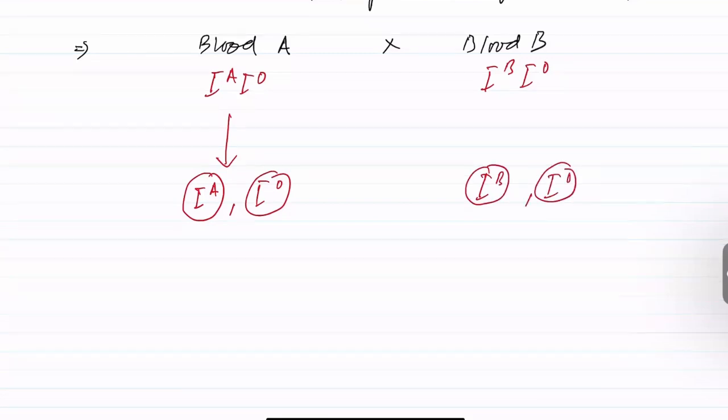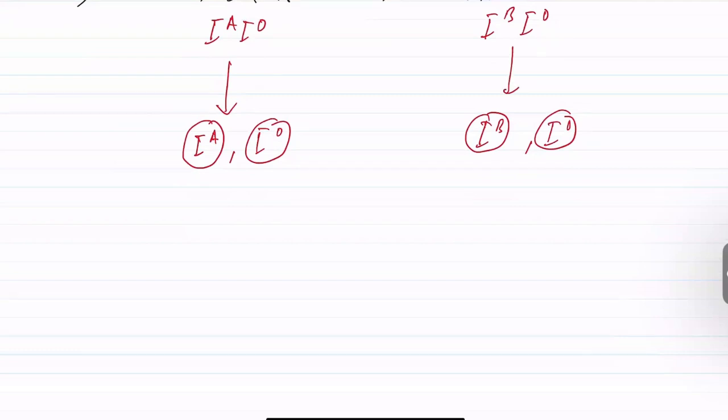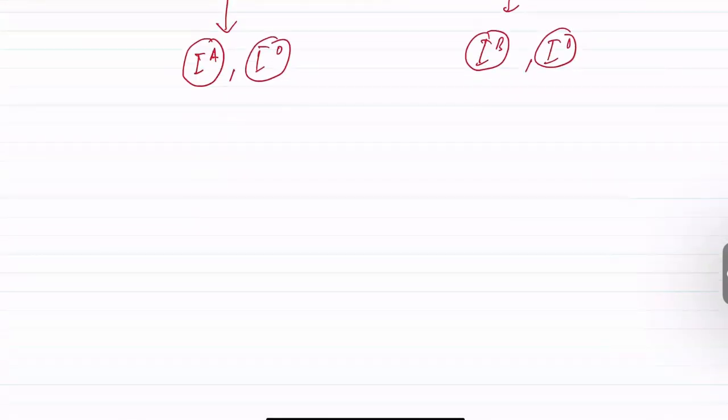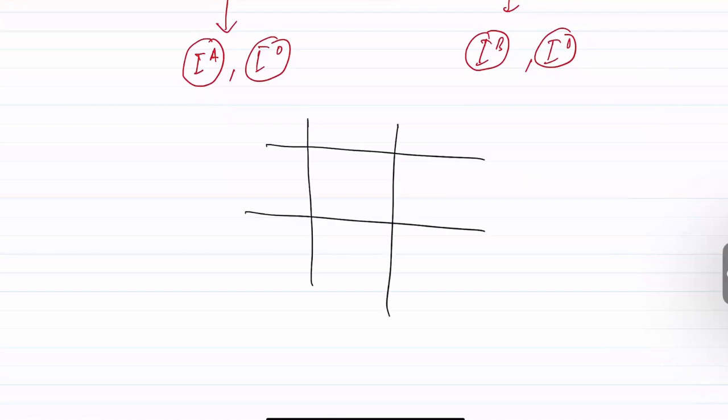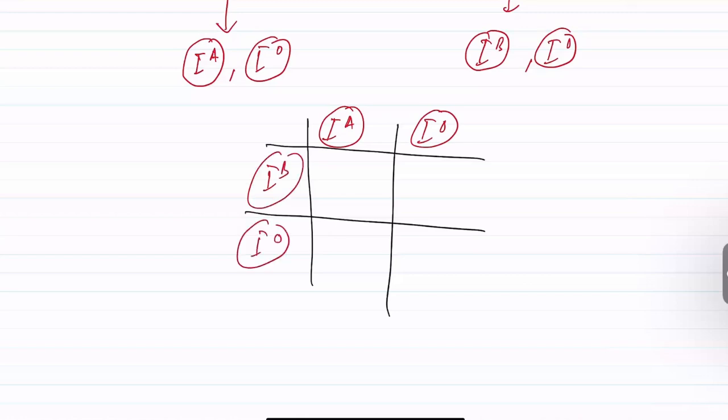So you can predict the offspring ratios by making a checkerboard, and this will be IA, IO, this is IB, and IO. So this will be IA IB, this will be IB IO, and here you will have IA IO, and this last will be IO IO.